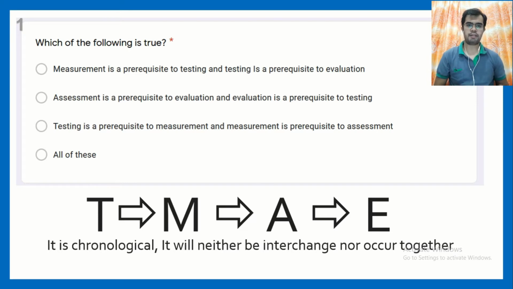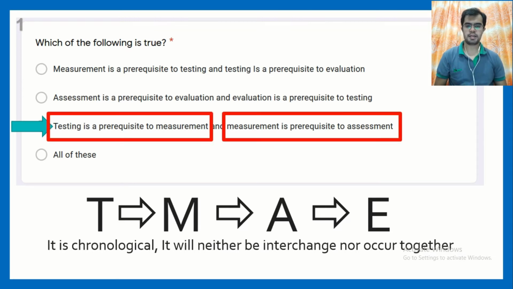Every term is a prerequisite of the other, like test is a prerequisite of measurement, and measurement is a prerequisite of assessment, and assessment is a prerequisite of evaluation. Based on the options, the correct answer is letter C. Because of these statements, testing is a prerequisite to measurement, and measurement is a prerequisite to assessment.